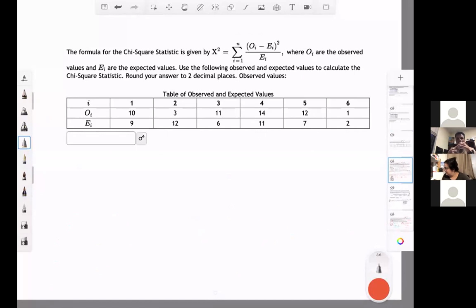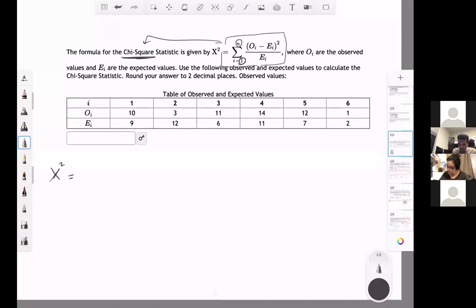So now let's work on this question. We're talking about chi-squared, something that we're going to deal with in chapter 5. Again, our computer will calculate this formula for us, but we're going to learn the definition of chi-squared. But in this class, we just want to do algebra. So chi-squared equals the sum from 1 to n.